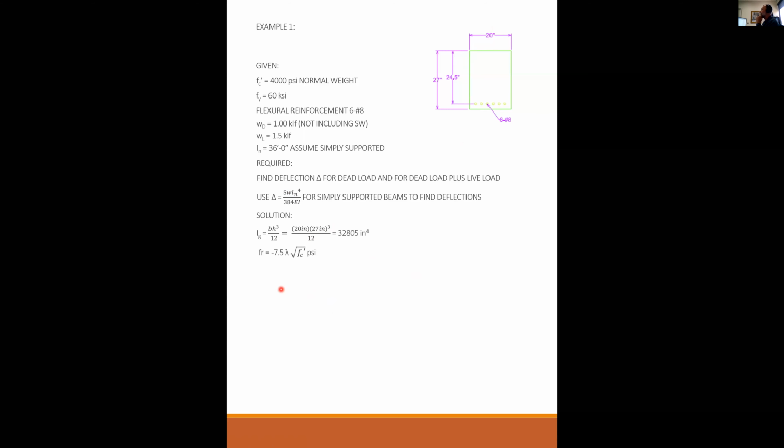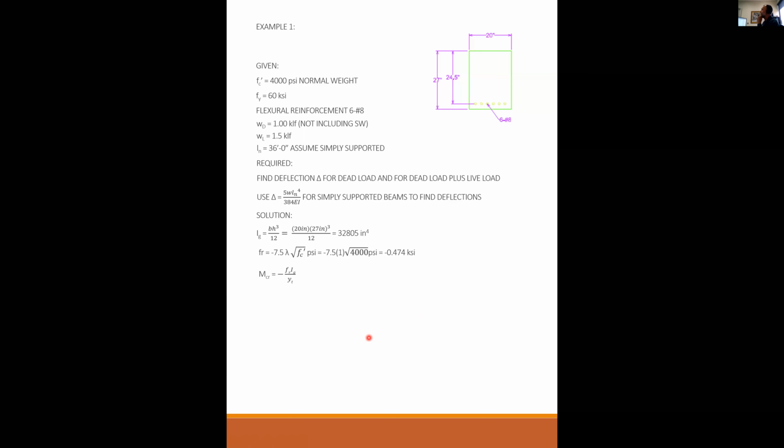My modulus of rupture is 7.5 lambda square root F prime C. I said normal weight here, so my lambda is 1, and my F prime C is 4,000. I get 0.474 KSI. What does that mean? That means the tensile stress in the concrete can get to 474 PSI, and then it is assumed that it will crack.